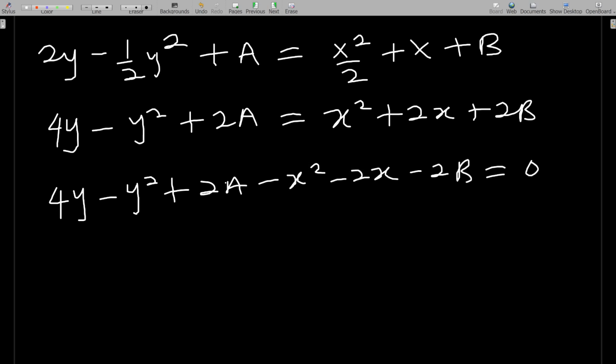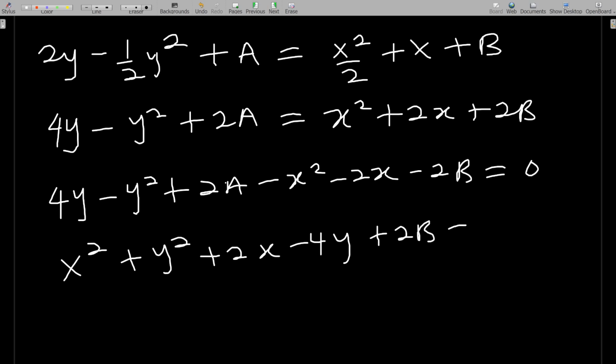Okay, so let me divide through by negative 1. I want to see the x squared and the y squared being positive. So if I divide through by negative 1, I have x squared plus y squared plus 2x minus 4y, then plus 2b minus 2a equals 0.